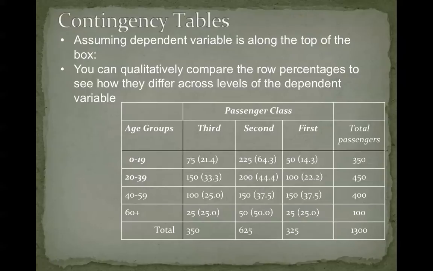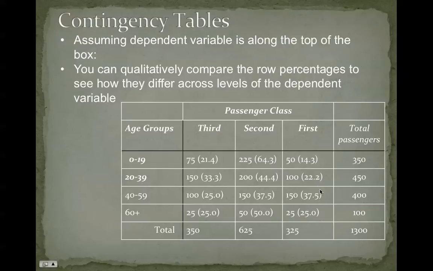But if you look at the first class, if there was no relationship between passenger class and age group, then these percentages going down each column would be the same. Again, it's the same reason as with survival. If there's no relationship between passenger class and age group, then row percentages should be the same going down a column, because that basically says that the percentage of people in the 0 to 19 age group who are in the first class is the same as the percentage of people in the 20 to 39 age group in the first class.